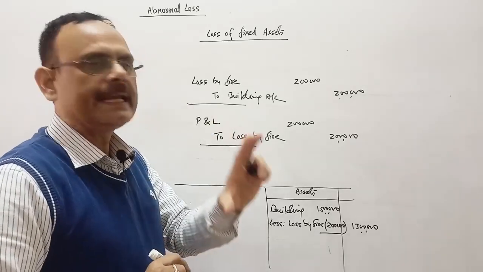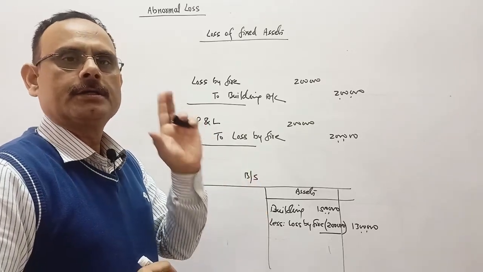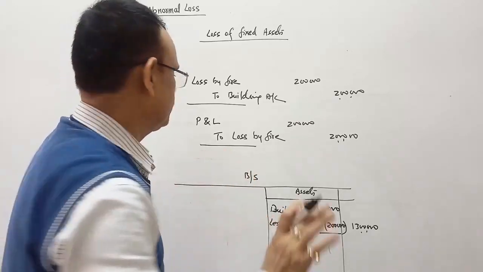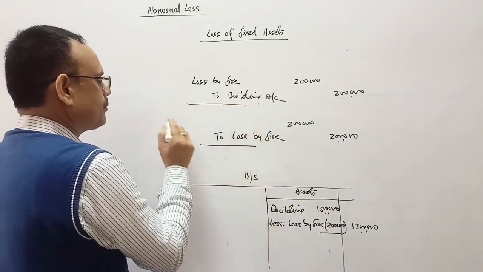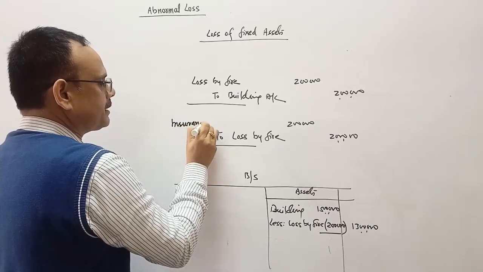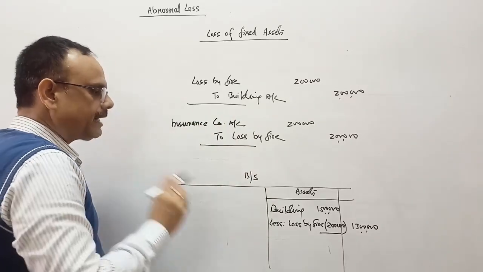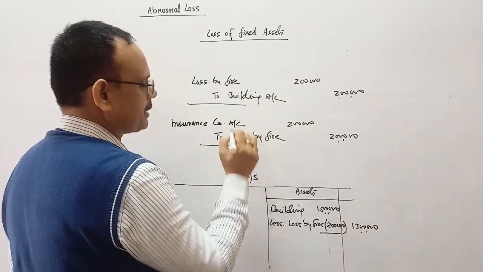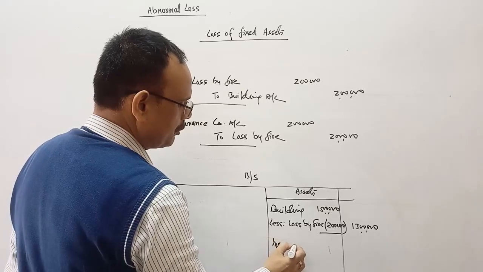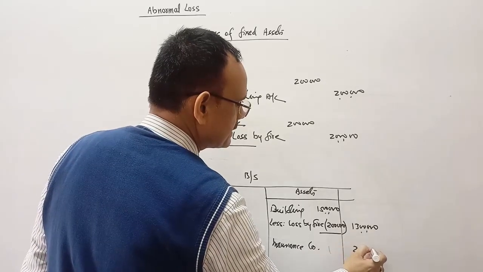Now suppose the building is insured and full payment is received from the insurance company. Then you write insurance company account debit, and the insurance company will be shown in the asset side.